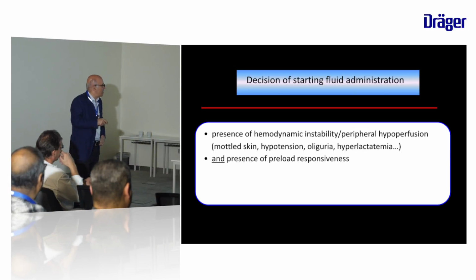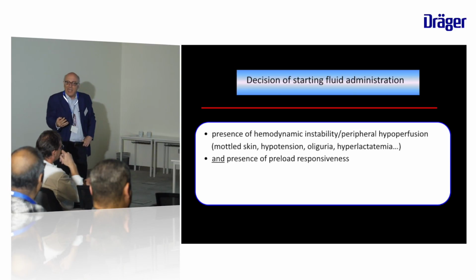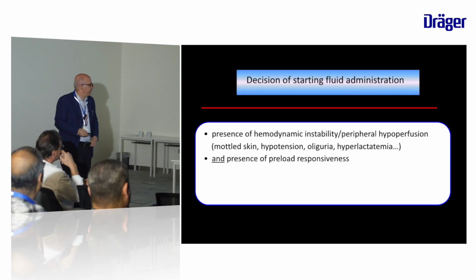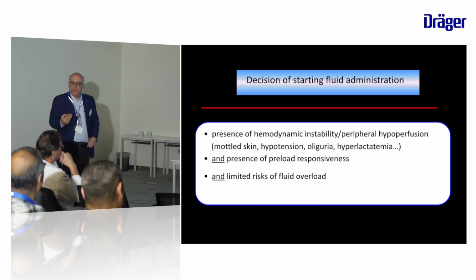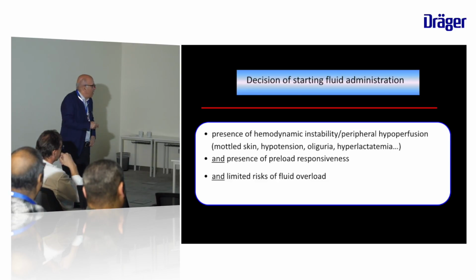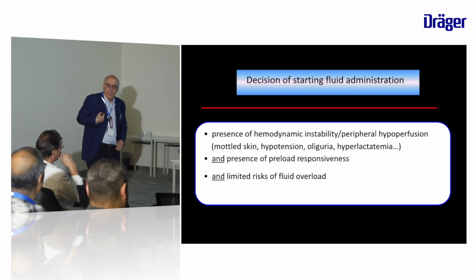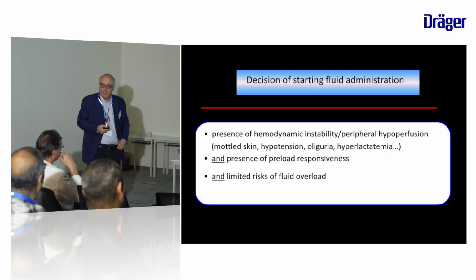This has to be associated with some clinical reasons to do that. And of course, we have to take into account that the patient has to be at limited risk for excessive fluid overload. So if you have an ARDS patient with alveolar capillary leak, you have to consider that.